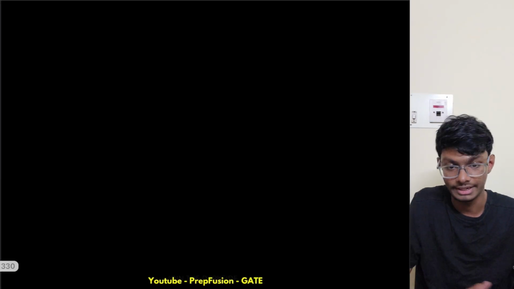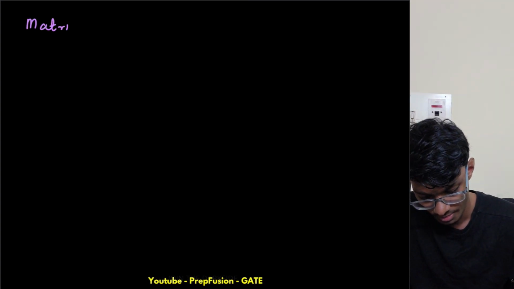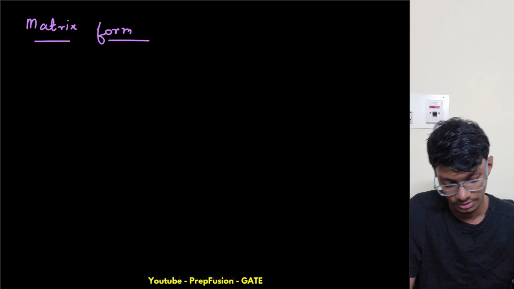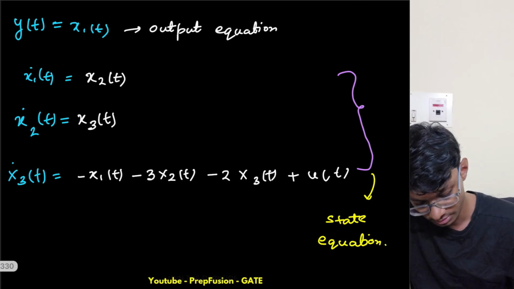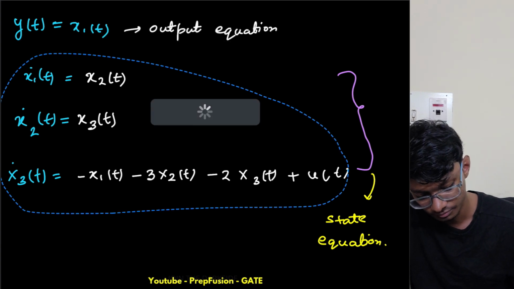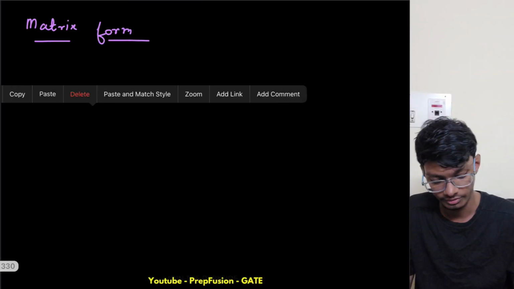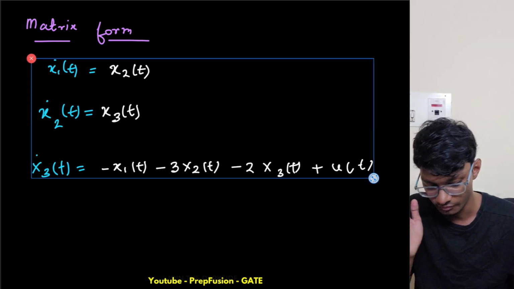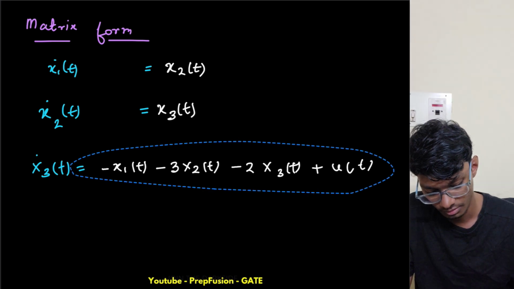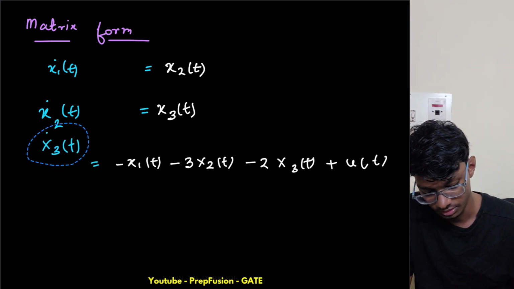Now let me write this in matrix form. In matrix form, how will they look? I will simply copy this and delete a few. Here we'll have a column vector of x1 dot, x2 dot and x3 dot, so these three come in together.